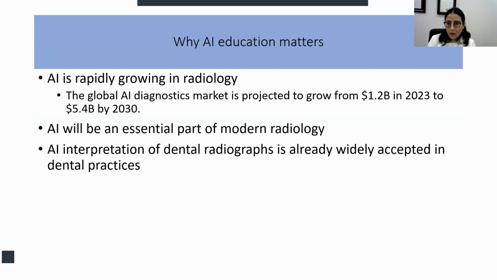Why I chose this topic is that, as we know, AI is growing rapidly in every field, in the medical field, dental field, and as well as the radiology field. In radiology, when we take the radiographs, we have to look at the images.